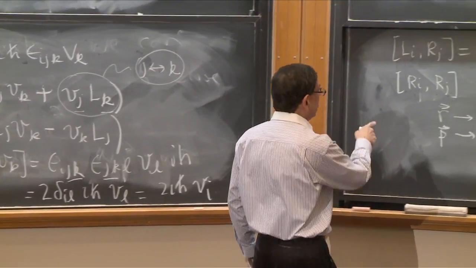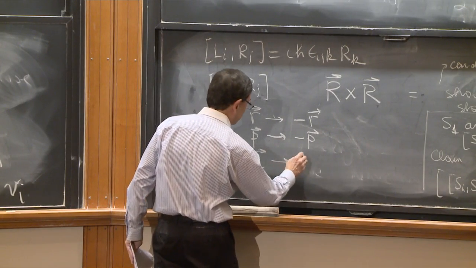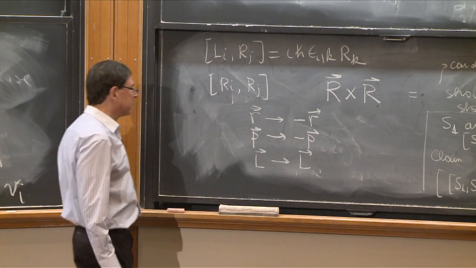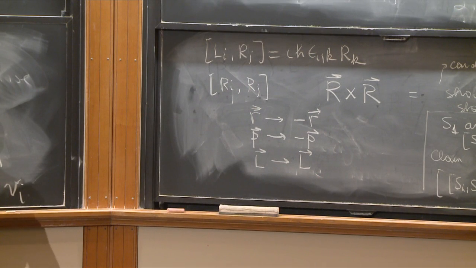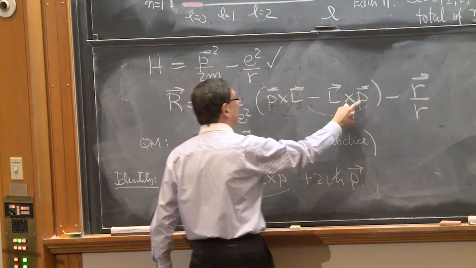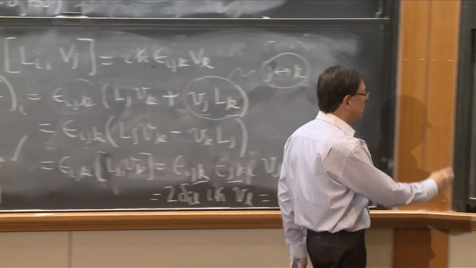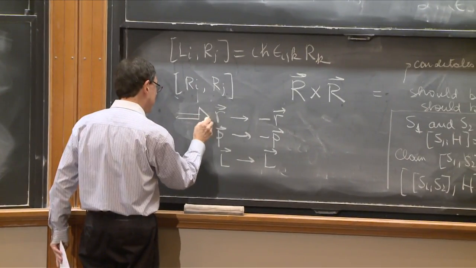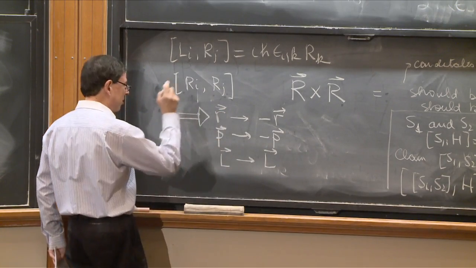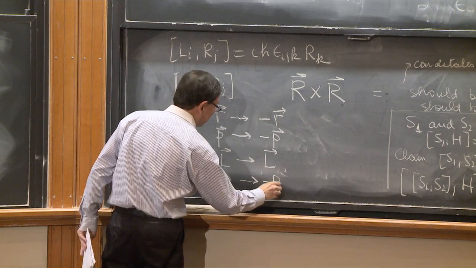But now, when you do this, L, which is R cross P, just goes to L. And R, however, changes sign, because L doesn't change sign, but P does, and R does. So under this change, this is the originator, the troublemaker, and then everybody else follows. Capital R also changes sign.